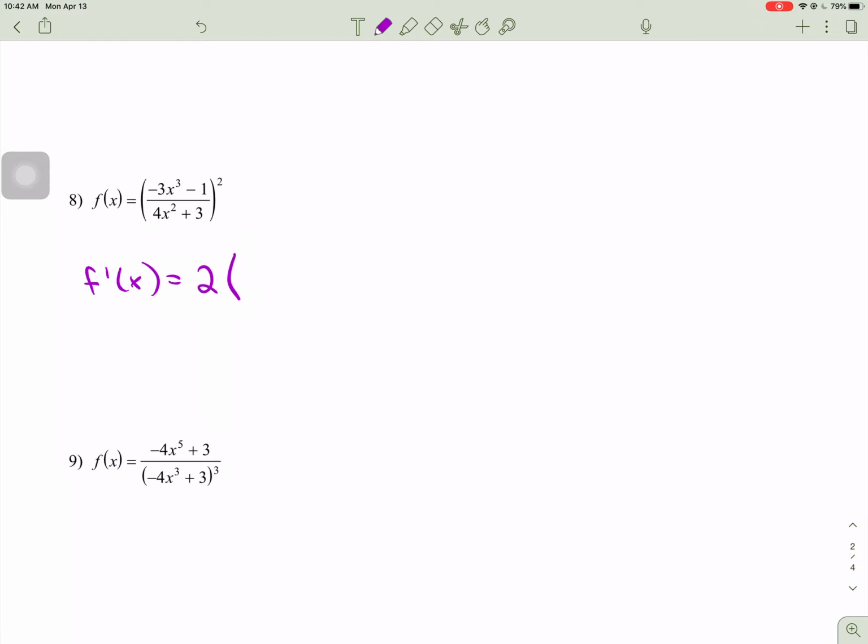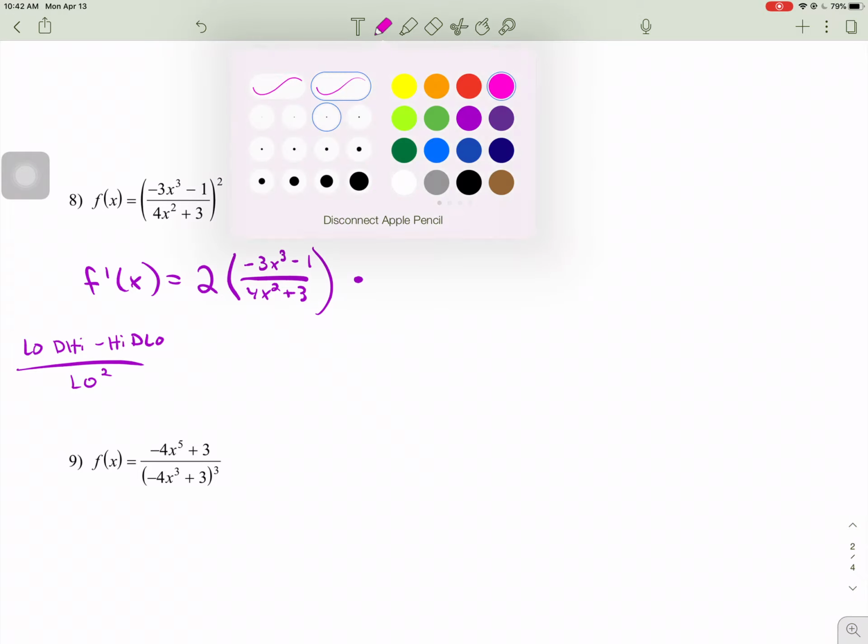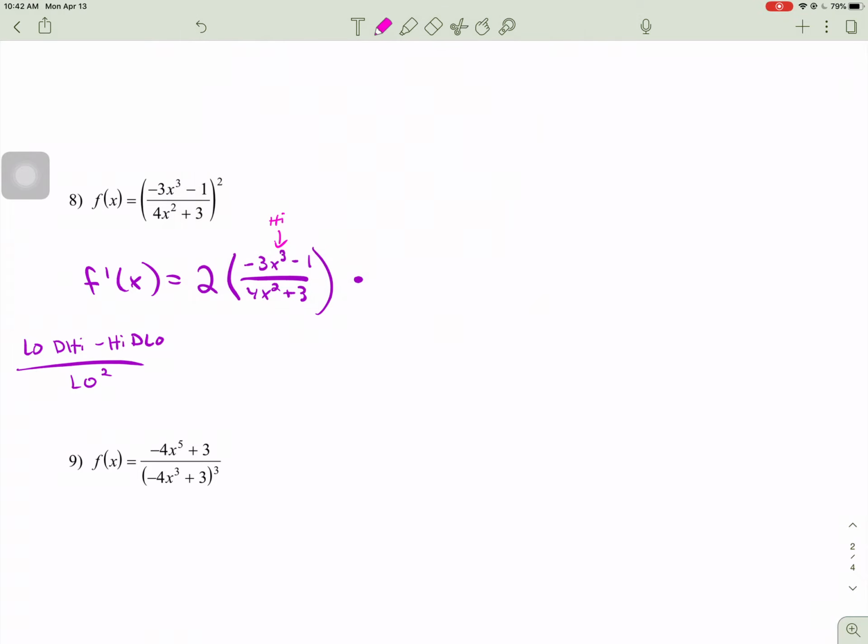2 times (negative 3x cubed minus 1) over (4x squared plus 3) to the first, decrease the power by 1, times, well, the derivative of the inside is going to be the quotient rule, which is a little annoying, but that's okay. So we have low d high minus high d low over low squared, right? Where this is high, this is low.